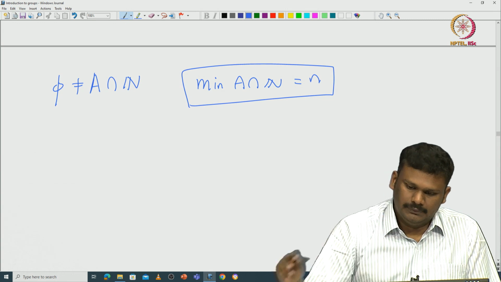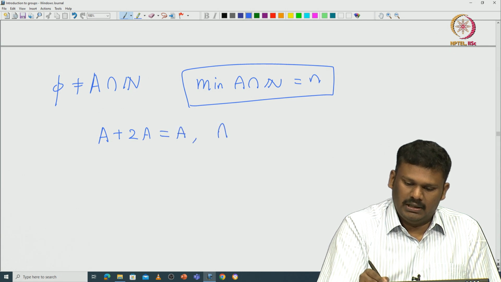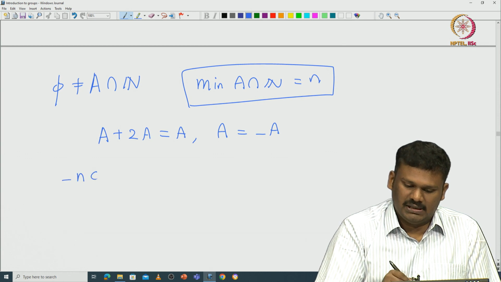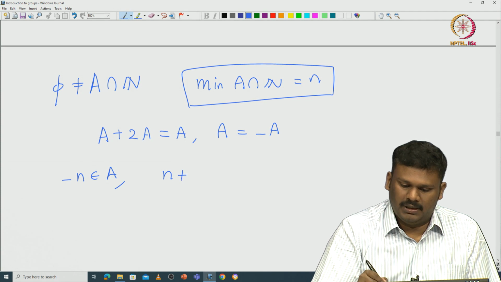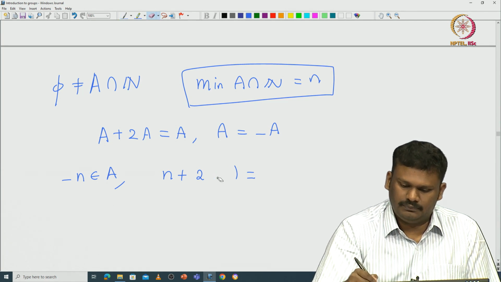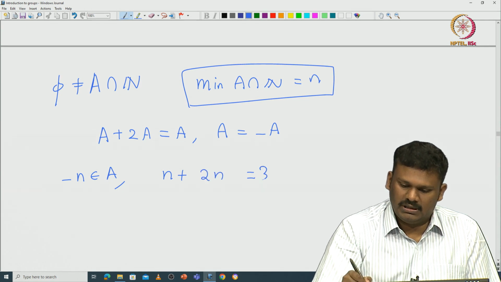Now, note that A plus 2A is equal to A and A equal to minus A. So what does it say? It says minus n is in A, okay, and then n plus 2 times n, sorry, yes, n plus 2n you take. So that means 3n.